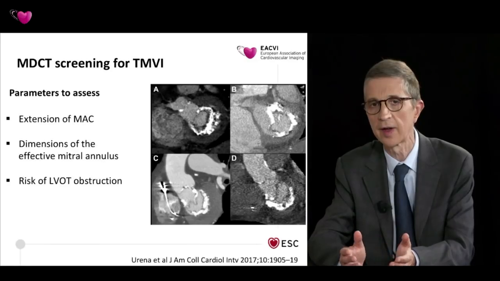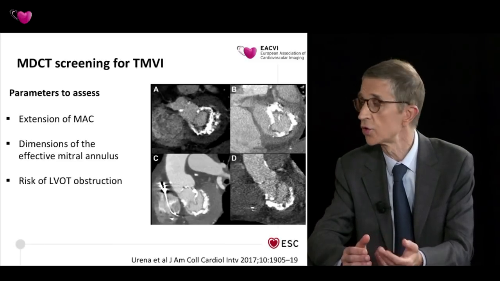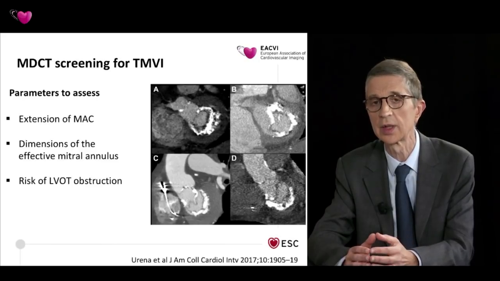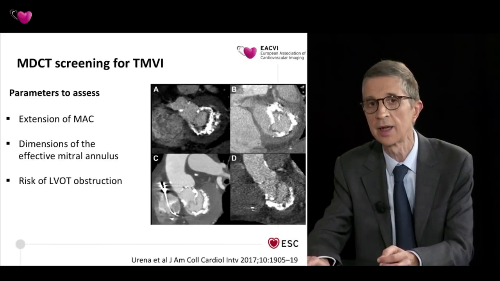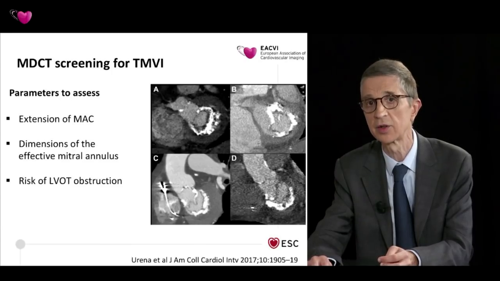Yes, so the valves that are used are mainly transcatheter valves that are used for TAVI implantation. So it's a SAPIEN XT and SAPIEN 3 valve. And you need to have enough calcification, especially in the posterior and in the commissural part, but also in the anterior part of the annulus.